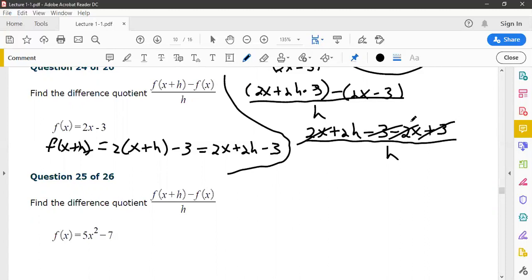So that cancels out. So this leaves us 2h over h, which just reduces to 2. So the answer to the difference quotient for the given function f of x equals 2x minus 3 is simply 2.